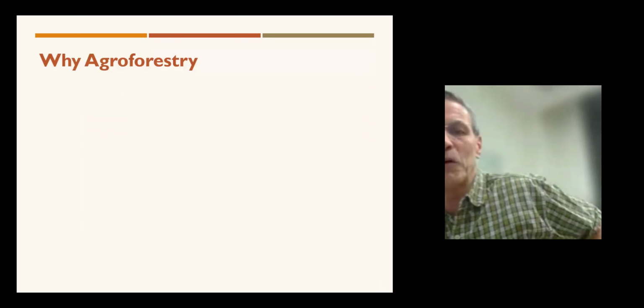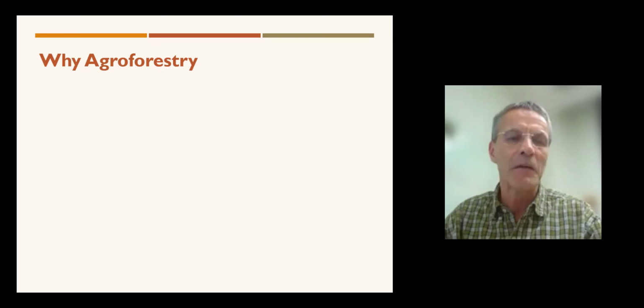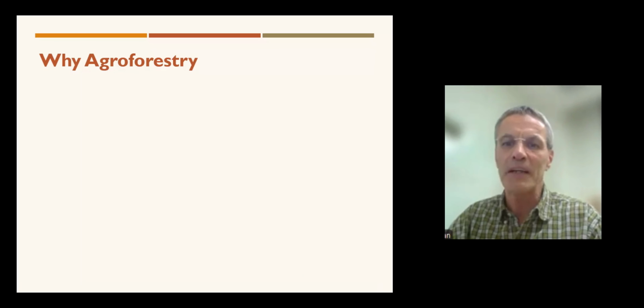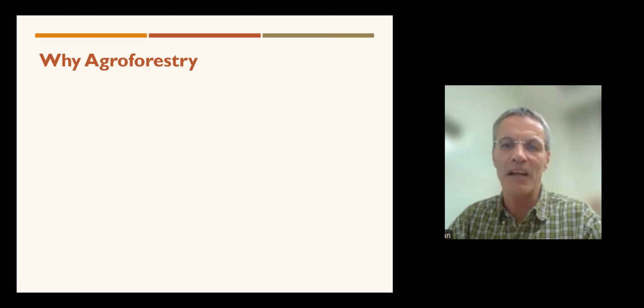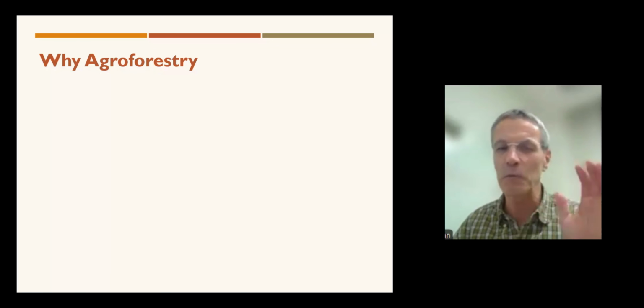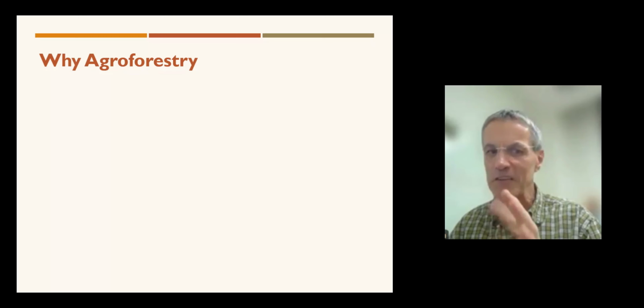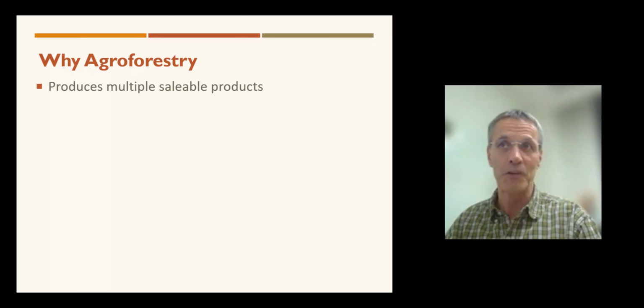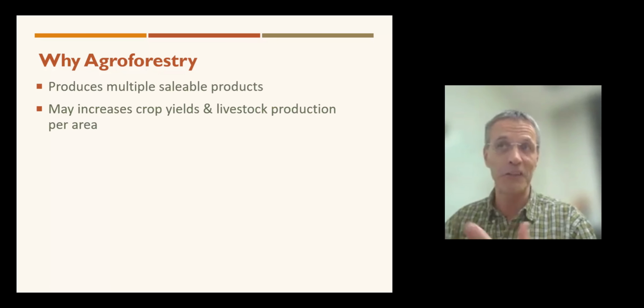So why agroforestry? The point is that we're trying to optimize a system that is somehow advantageous over just the agricultural and just the forest production by having more economic benefits and enhanced outcomes and services. And I'll just put up a full list, and then we actually go through those benefits more one by one later on. But you produce multiple products because you have tree products and the crop products and animal products.